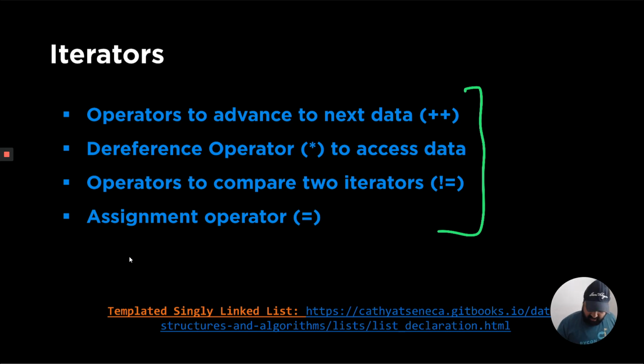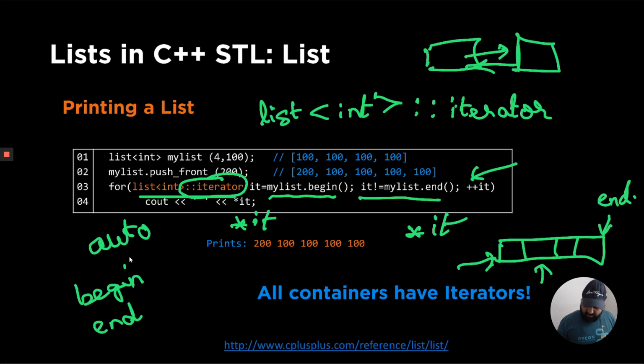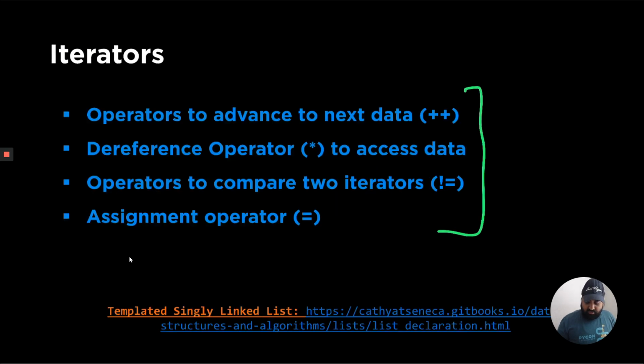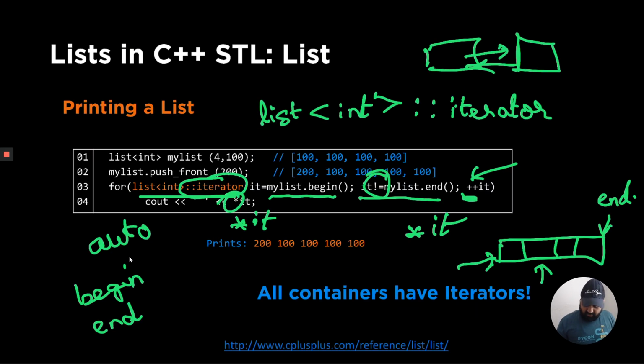Iterators have operators to advance to the next data and a dereference operator, so you need to overload the plus plus operator, the star operator, as well as the not equal to operator. And finally, you need to overload the assignment operator because you are assigning this value to the custom iterator.